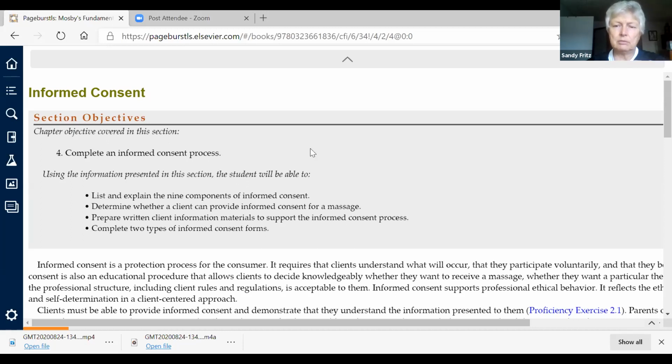So we have to learn how to give them enough information about us, about our skill set, about how massage with our skill set could be effective or not within their goals, whether their goals are realistic in terms of what massage can or cannot do, that we may have to refer people, what behavior we expect of people. And this all comes into the informed consent.